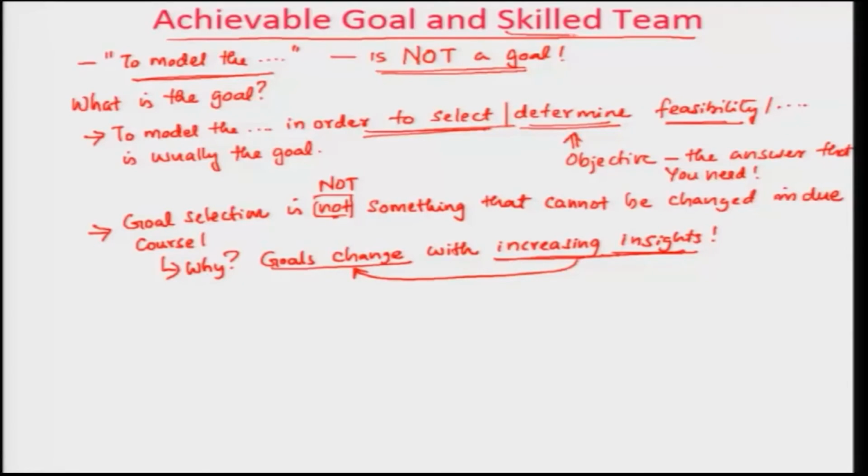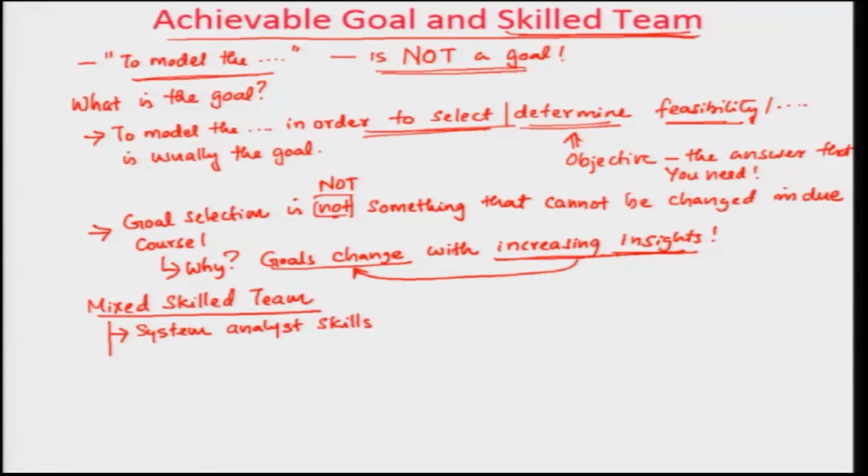Also, another part you need to remember is the mixed skilled team. It is very important because you need to have various skills. System analyst skills are required.